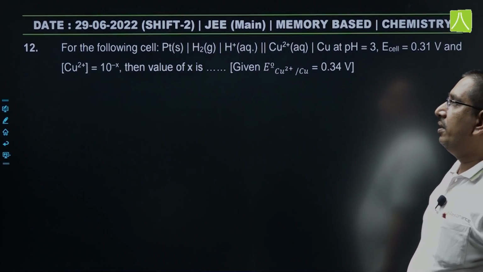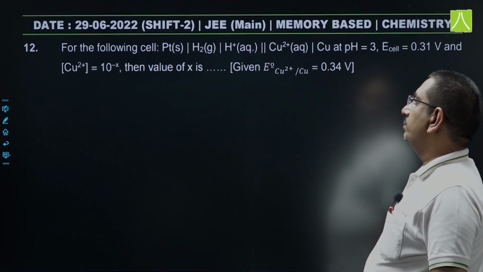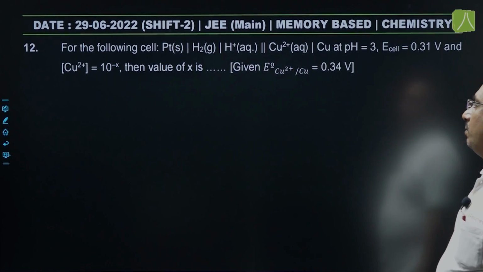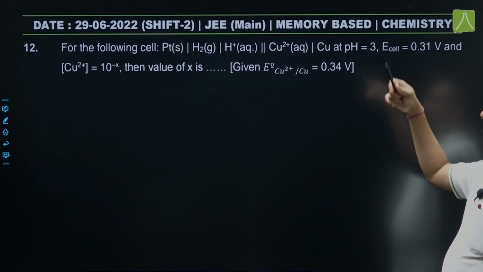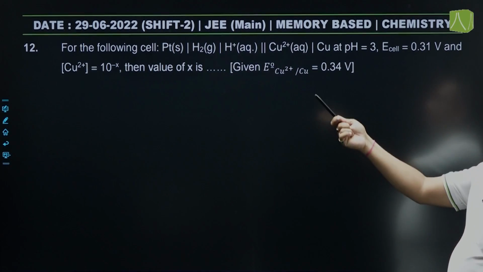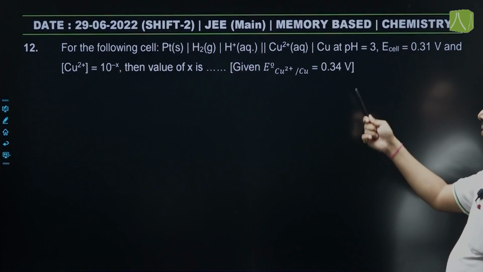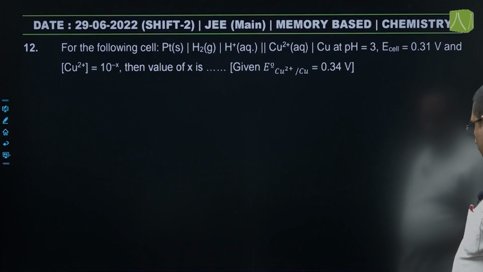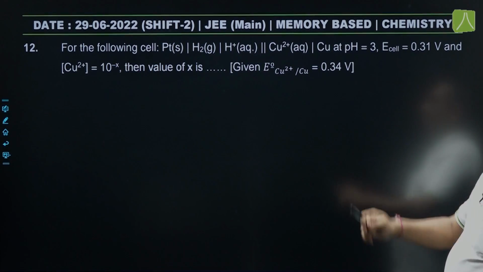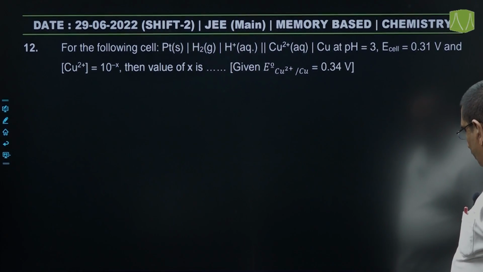Next question, this is from electrochemistry. It is given the cell hydrogen and copper electrodes cell and E cell is also given and pH is also given and we have to find copper 2 plus ion concentration. इसमें copper 2 ion की electrode potential भी दिया है SRP and इसमें आपको copper 2 plus ion concentration 10 power minus x के terms में express करना है और x value बताना है.